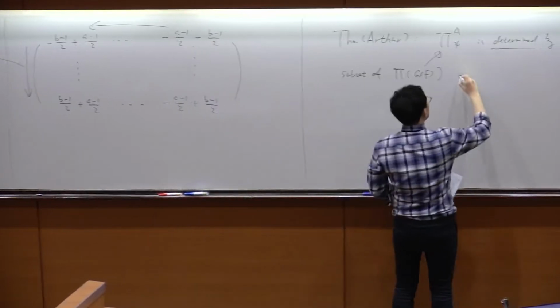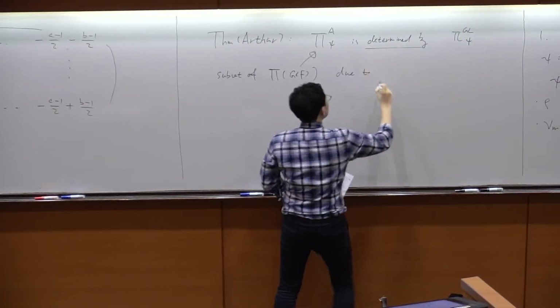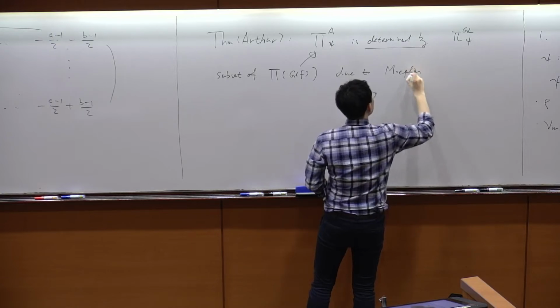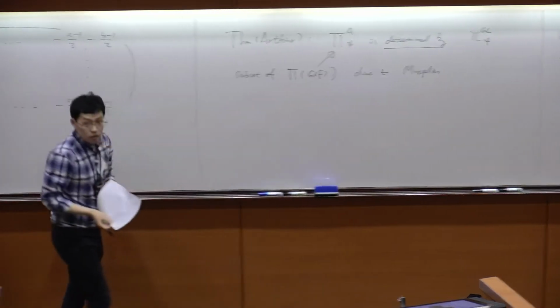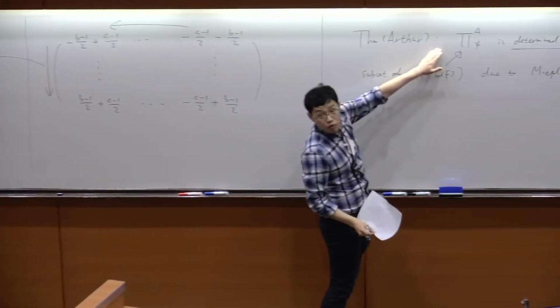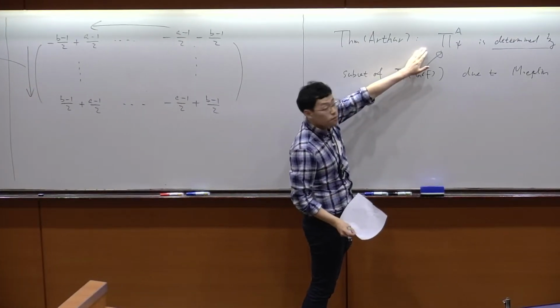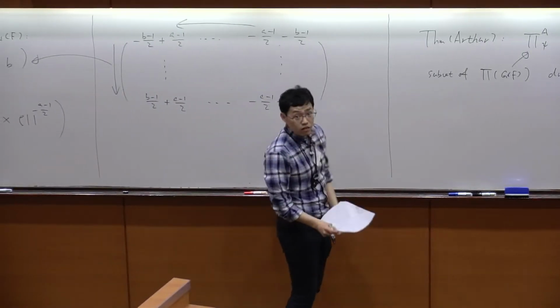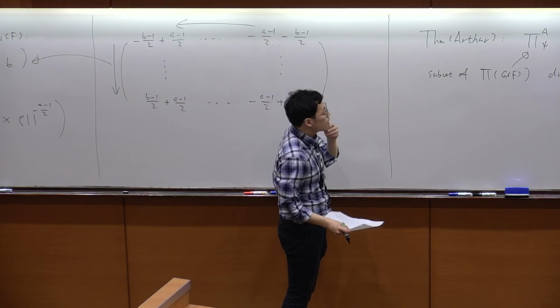So that's due to Moeglin. Okay. So once we know this is a set, then certainly we have to know what's inside this set. Okay. So that's the main goal of this lecture.